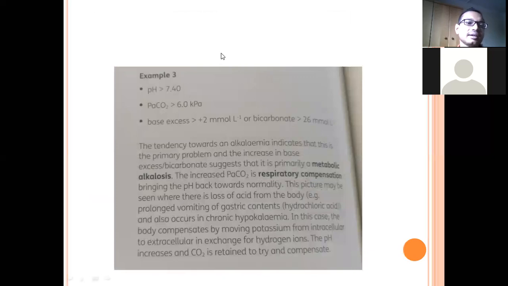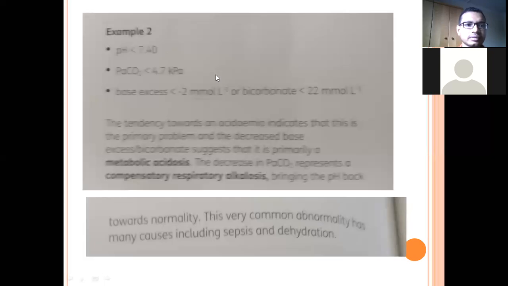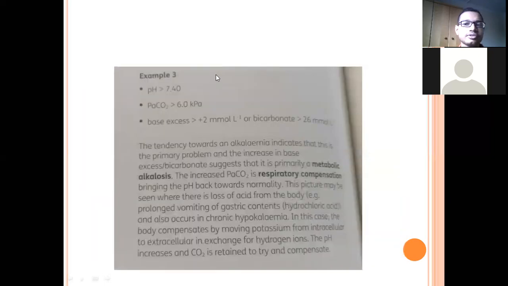Next comes another, 7.40, that's greater, right? Greater means it's not acidosis, it's rather alkalosis, because we have said that if it's greater than 7.45, it's alkalosis. Okay, let's see the carbon dioxide level. The carbon dioxide level is also high.